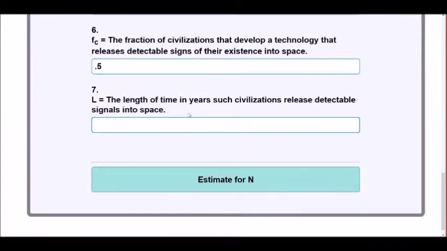L, the length of time in years such civilizations release detectable signals into space. Let's say 10,000 years. Hopefully they don't destroy themselves, or some cosmic cataclysm takes them out, such as a comet or asteroid. And let's click estimate for n.